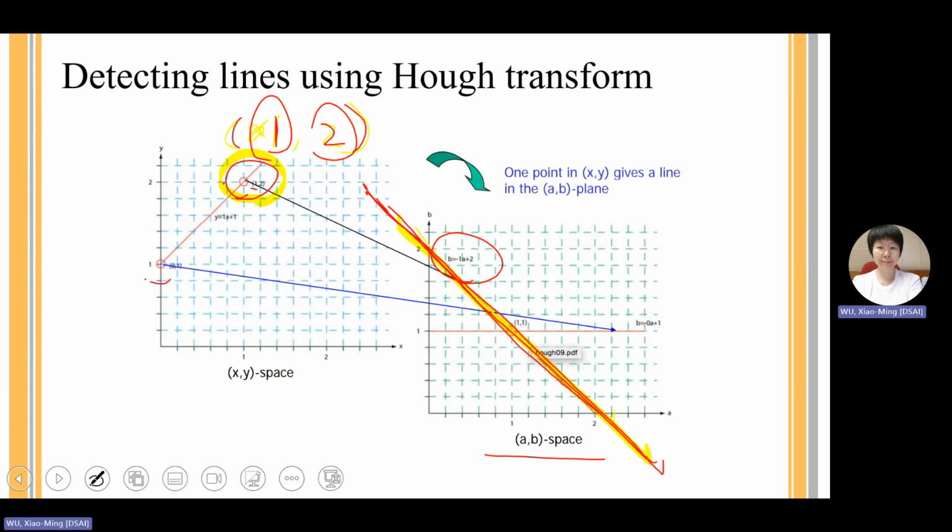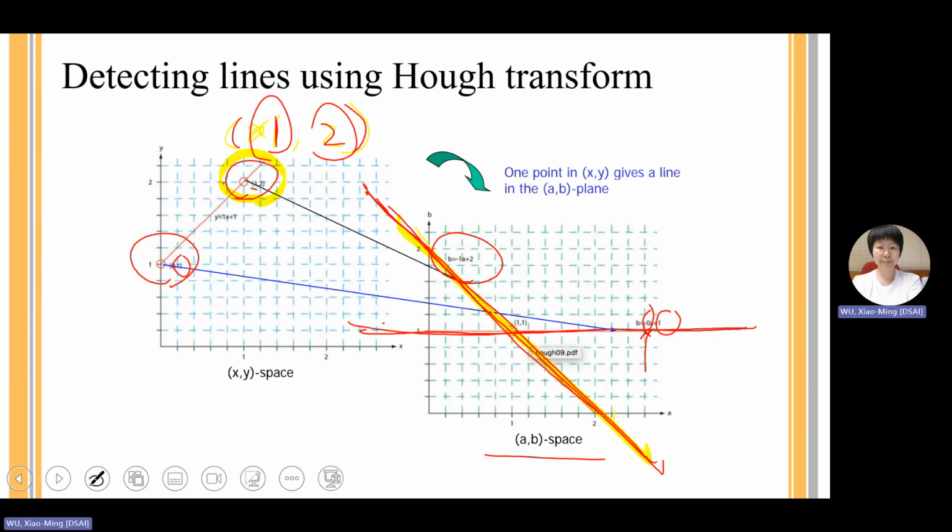And similarly, this point, 0 and 1, gives another line in the AB space, where the slope is 0 and the intercept is 1.